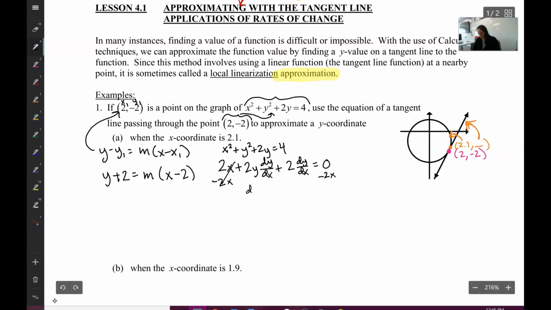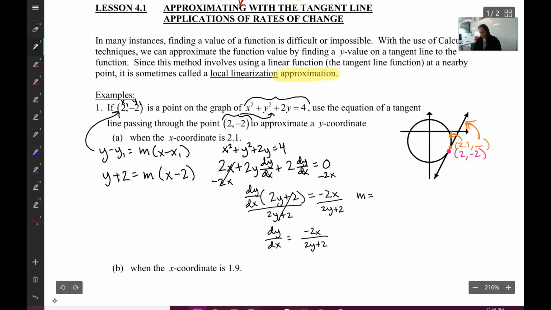You guys are getting fast at this. At this step, I'm going to take my dy/dx out. So far so good. Divide by that stuff. So I have dy/dx equals negative 2x over 2y plus 2.